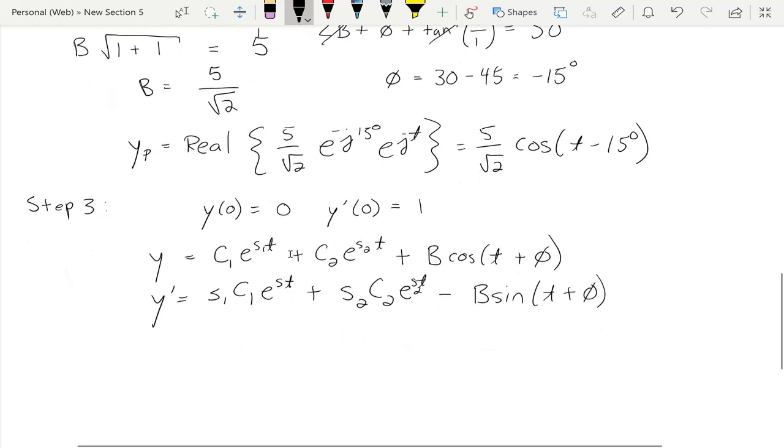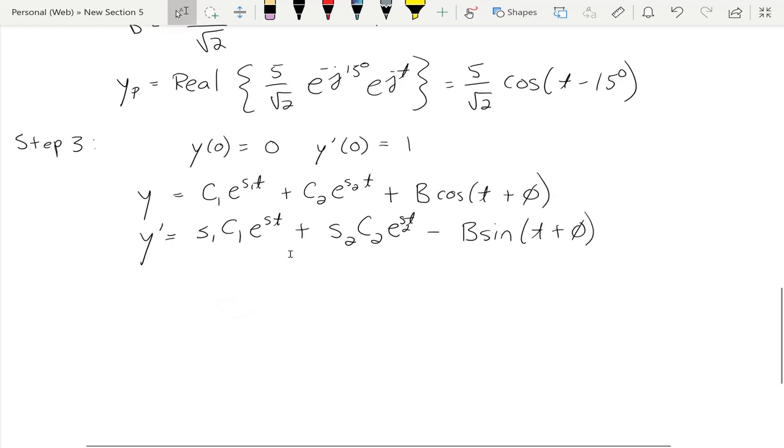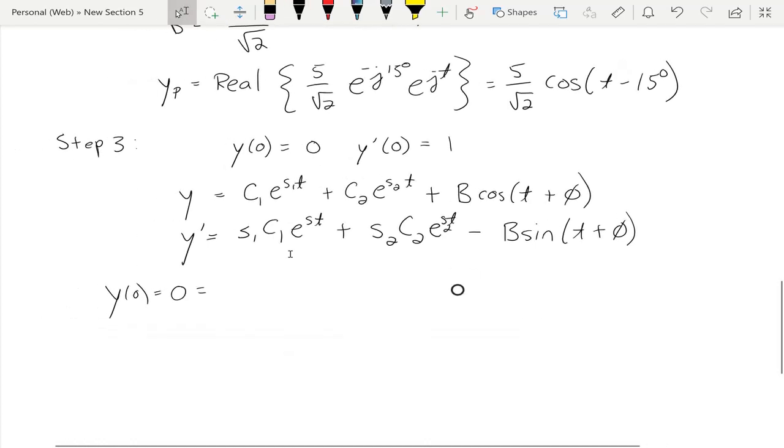Now I'm worried about these things at time t equal to 0. So y of 0 is equal to 0. If I plug in t equal to 0, what happens to the exponentials? They go away, right?